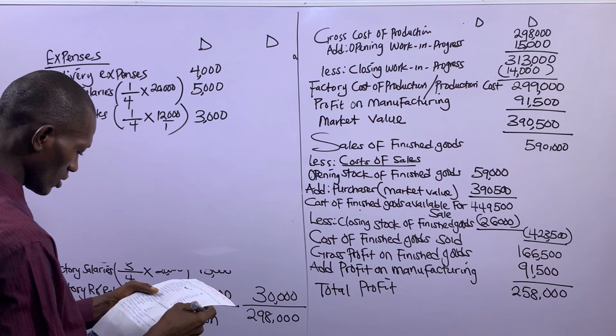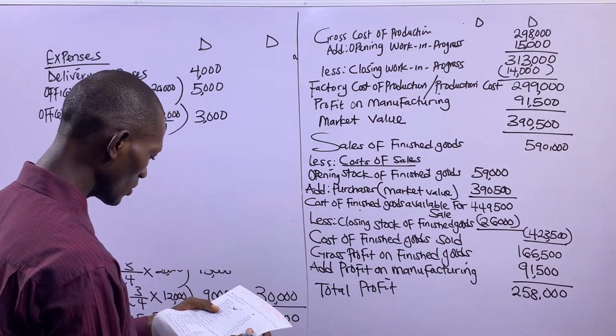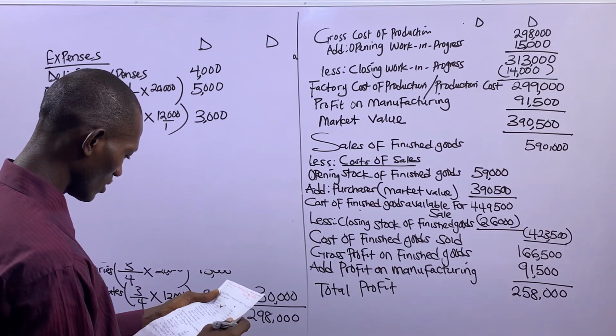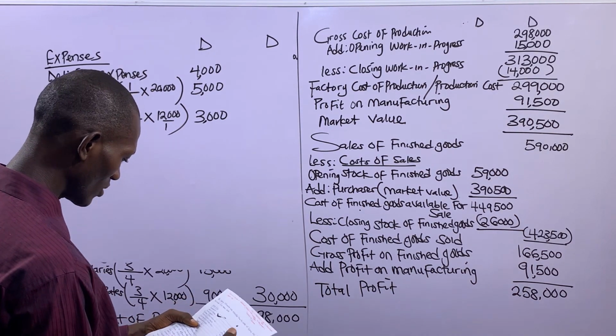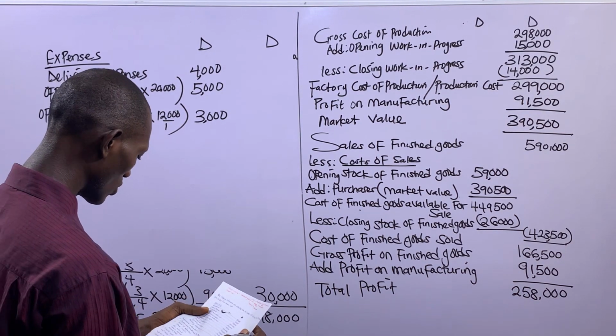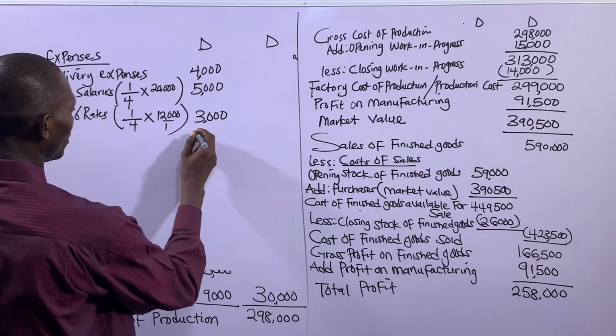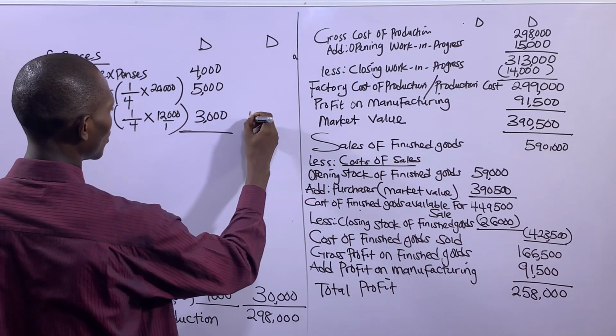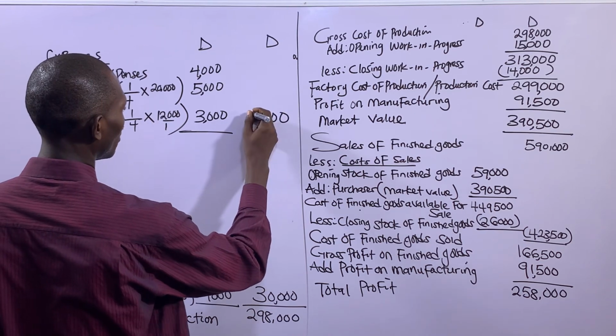There seems to be no other office expenses, so I don't think there is any other one. So in the absence of any, the total expenses now is 12,000.